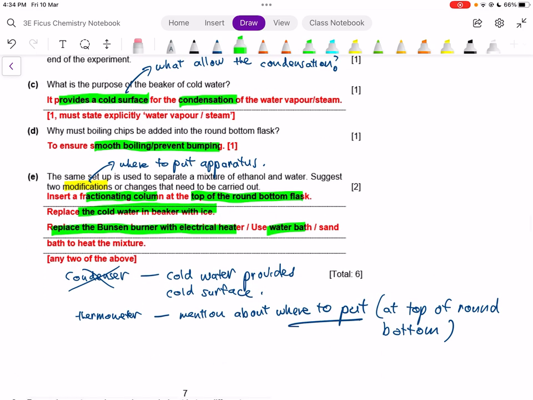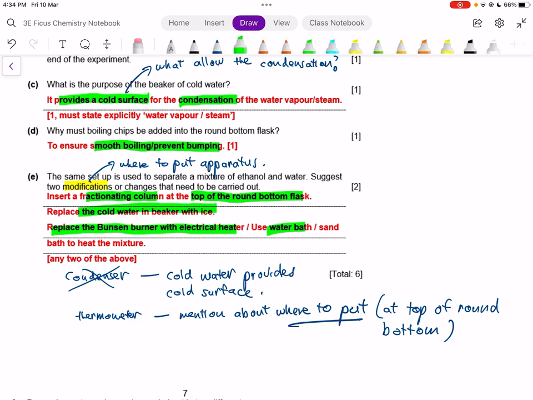Common mistakes here, and why I rejected some of your answers: some of you even write condensation column, or Liebig pipe, I don't even know what that is. Some of you spell your apparatus all over the place.